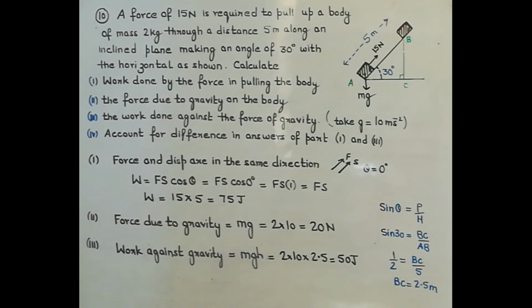Now the reason is when the person is moving the body along AB, then there he is doing work against friction also. Then there will be some friction. So we have to account for the difference. So how much is the difference?